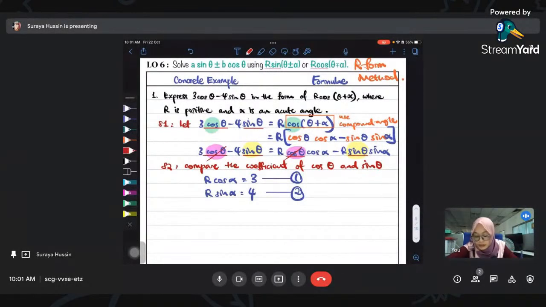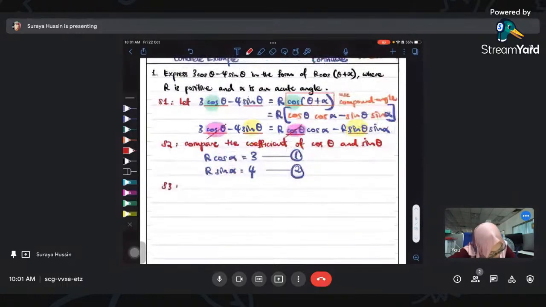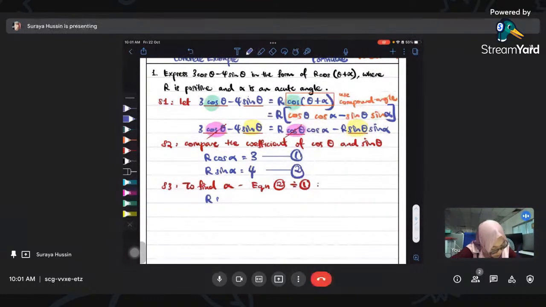Third step is to find alpha. To find alpha is very easy. It is just equation 2 divided by equation 1. Just divide it and you will get R sin alpha over R cos alpha.